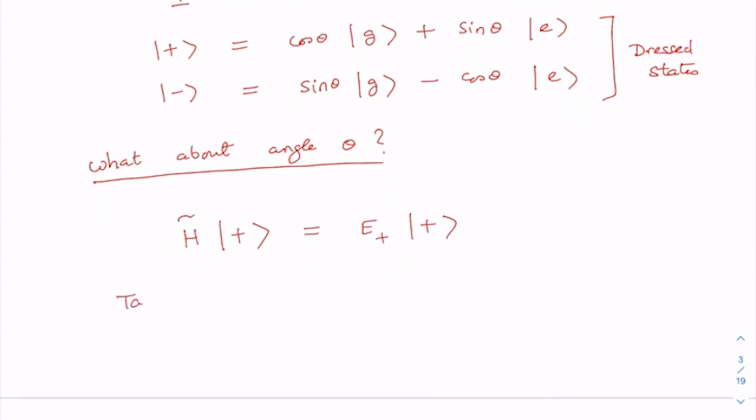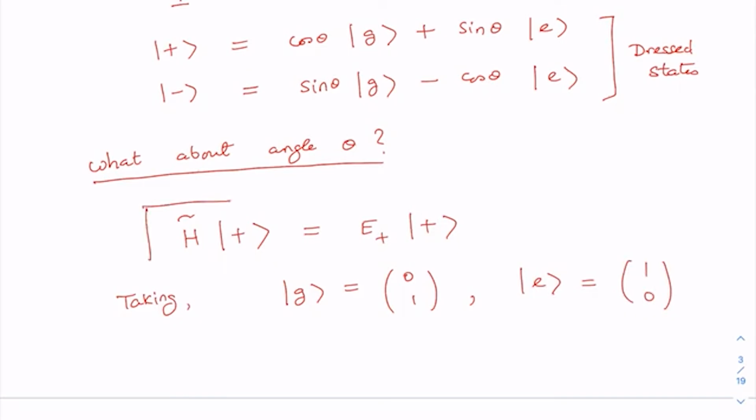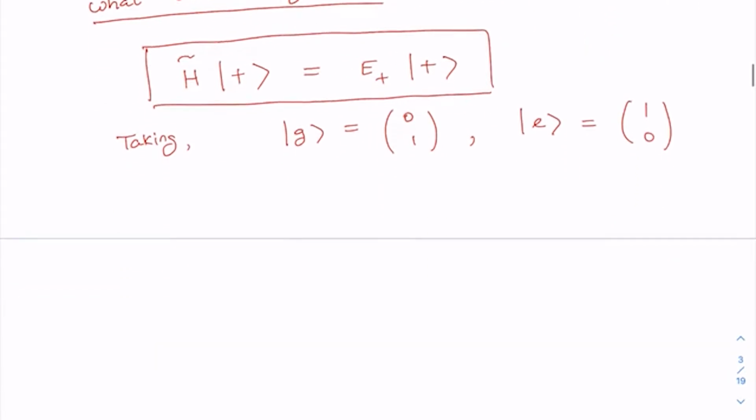If we take kg as the column vector (0, 1) and ke as the column vector (1, 0), then we can write this equation in the matrix form. Let me write it.